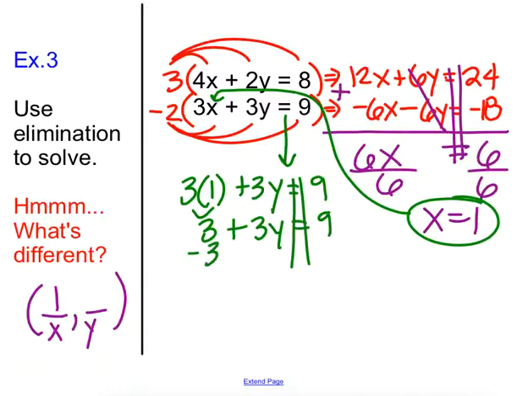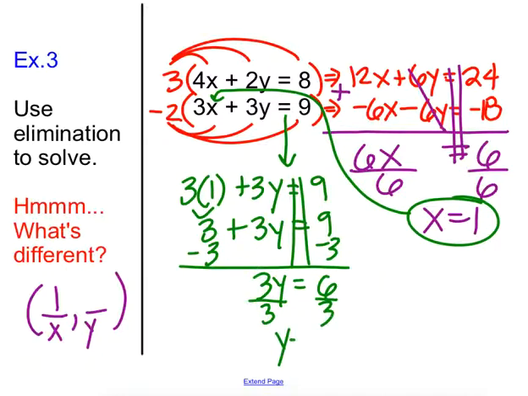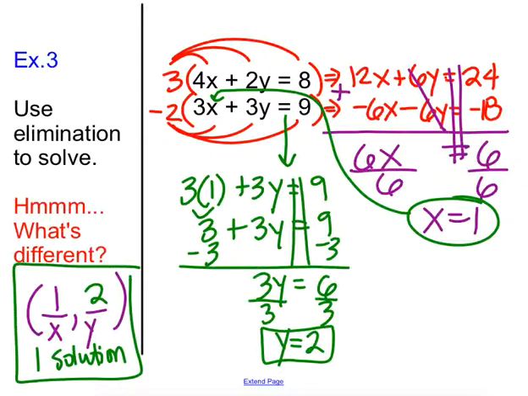When I take 3 away from 9 on both sides of the equation, I've got 3y equals 6. Divide by 3, and that leaves me with y equals 2. So one solution, these two equations would cross at (1, 2).